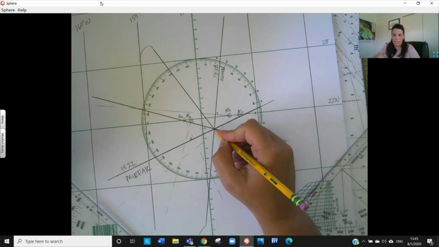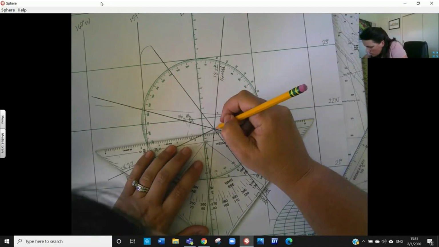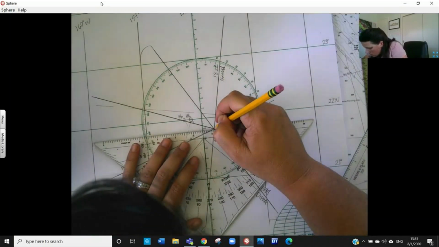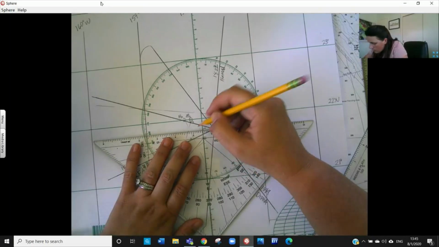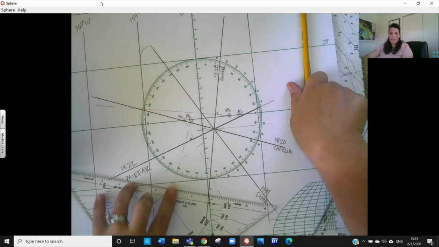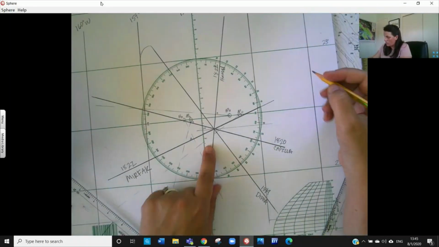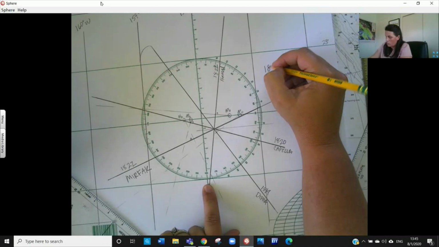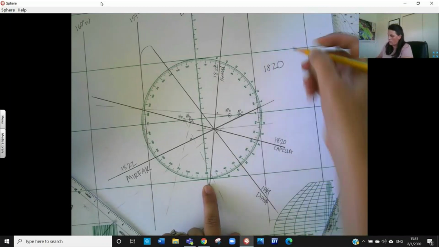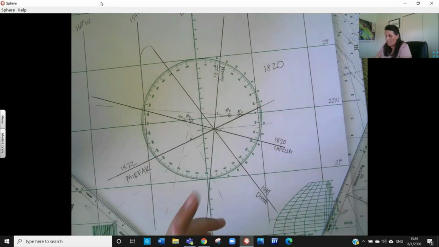So now what is my latitude and longitude? That's my latitude line. So I can read that my latitude is, so I'm going to say my 1820. This was 19, 20, 22, 22, so maybe you call it 1821.